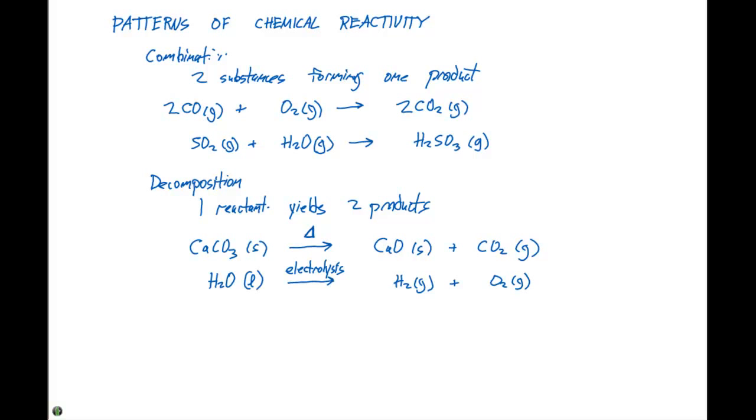In terms of balancing this particular reaction, we have 1 oxygen on the left and 2 on the right. So we need to put a 2 in front of the water. That gives us 2 oxygens, but now we have 4 hydrogens on the left, and we need 4 on the right. So we need to put a 2 in front of the H2 gas. So there's 2 examples of decomposition reactions.